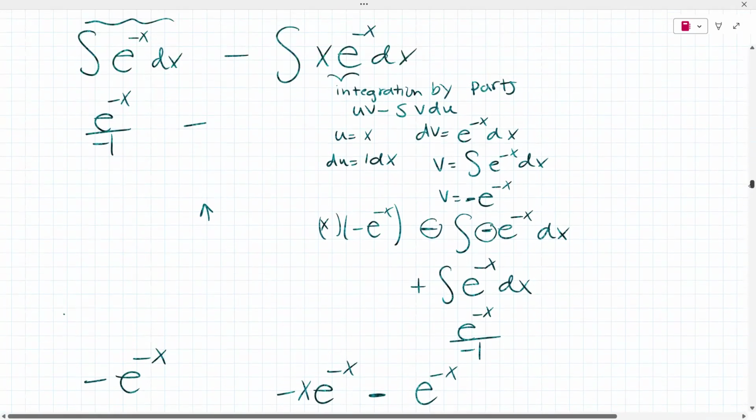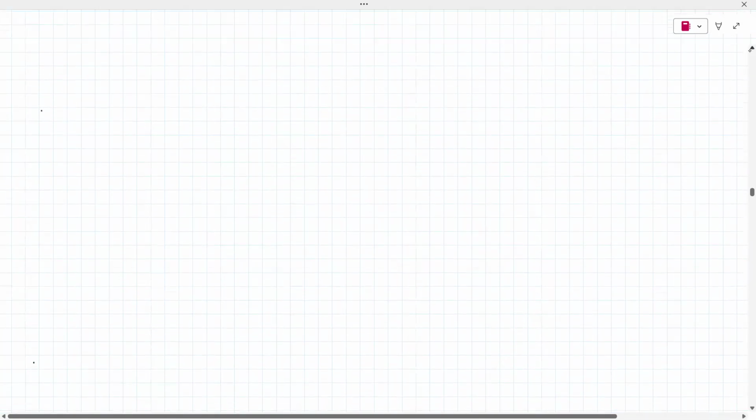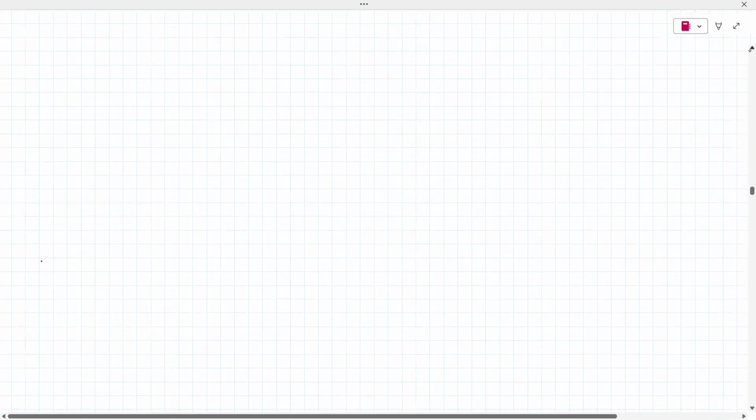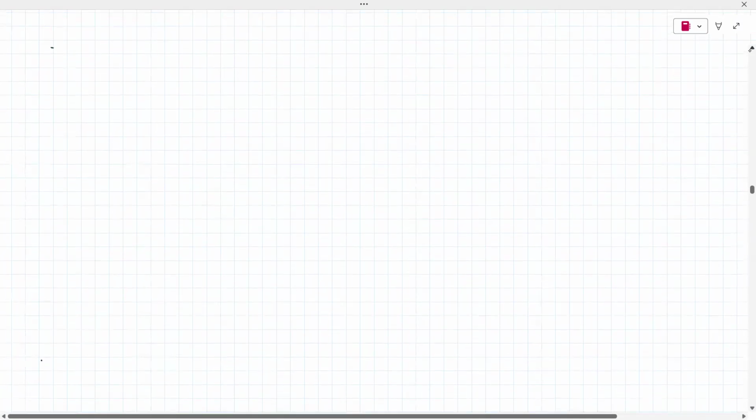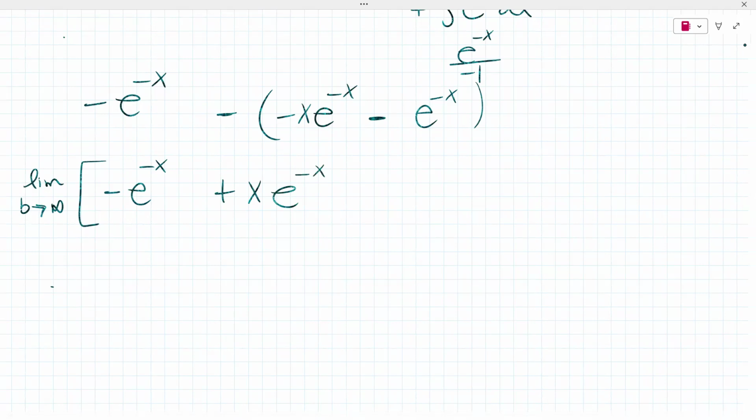So don't forget about that extra minus. Distribute this minus, so that's going to be positive x e to the negative x plus e to the negative x. And then we can do the rule 1. Our lower boundary is 1 and our upper boundary is b.